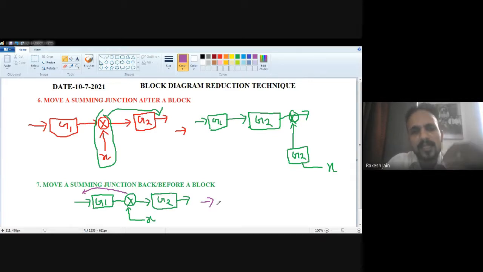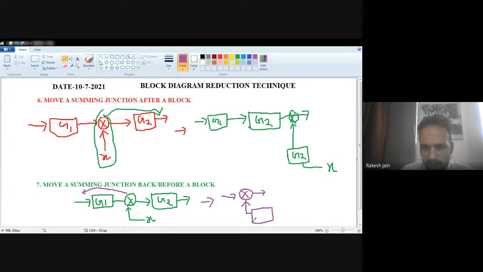But here the block comes in reciprocal. So at the start, first the summing junction will come because we just move it before the block. Then this summing junction will come with the reciprocal value of the gain of that block, before which I just moved this summing junction. Then the remaining blocks will come.